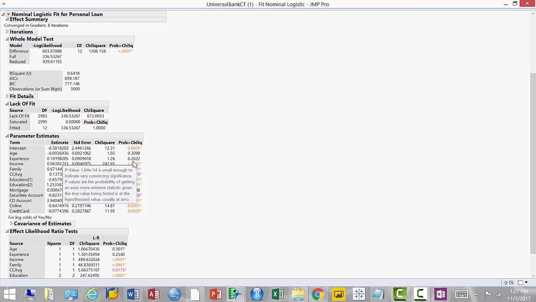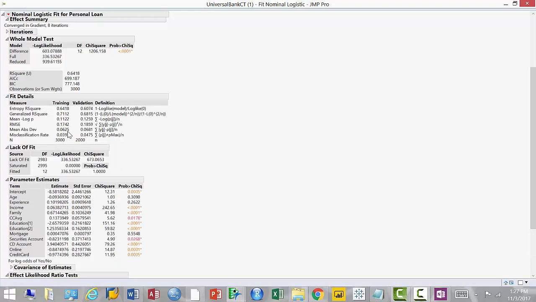Okay, now let's take a look at the accuracy or goodness of fit. I believe it's right here in the fit details. Okay, misclassification. Remember when we started this whole thing, we said, let's split the entire set into training, where we build a model, where we estimate these coefficients that we just looked at, the parameter estimates. And then there is a validation set. Sometimes it's called a hold out set.